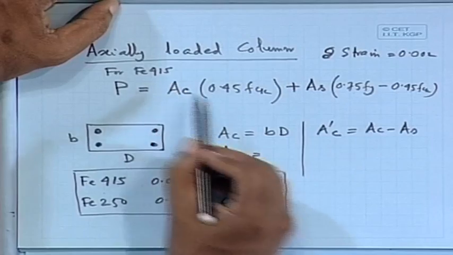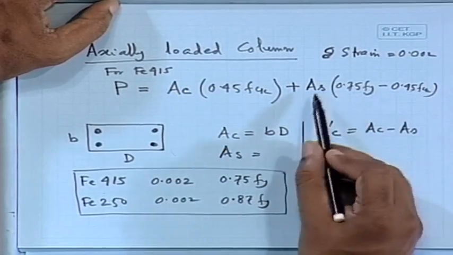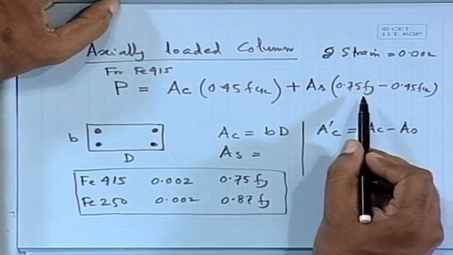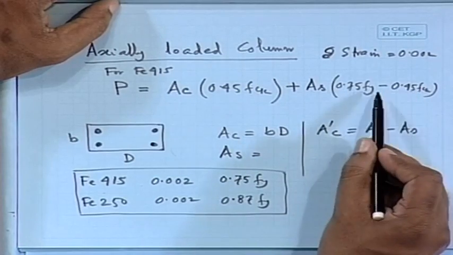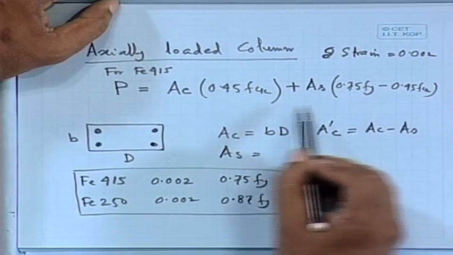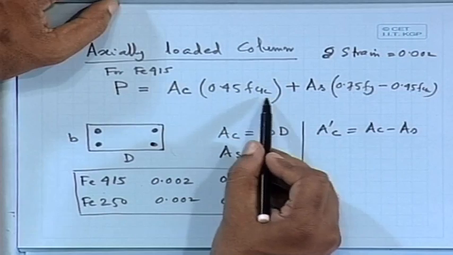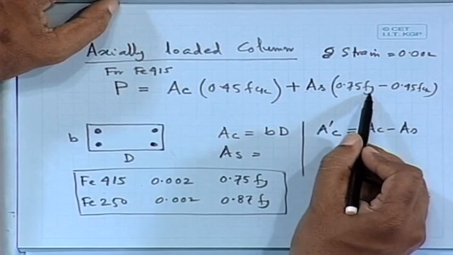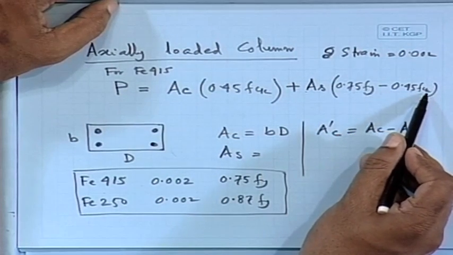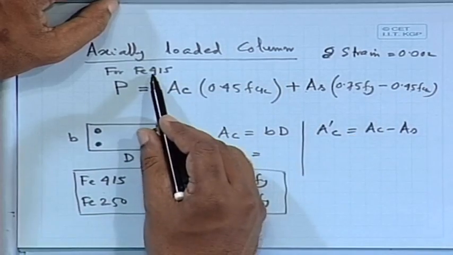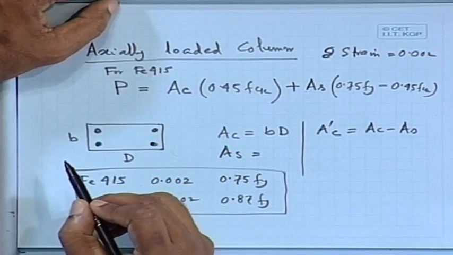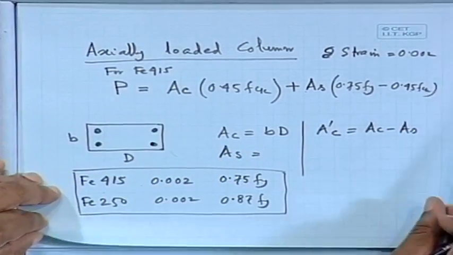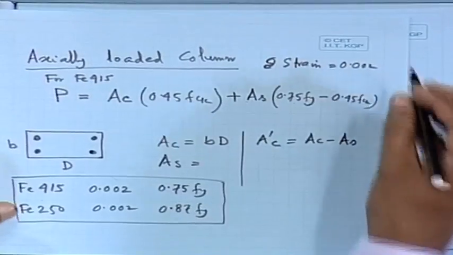That way, P equals Ac times 0.45 fck plus As times (0.75 fy minus 0.45 fck) for Fe 415. Okay. Now, what about your Fe 250?